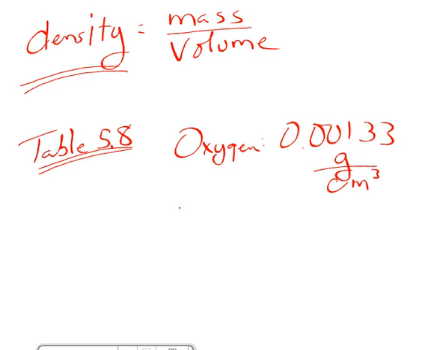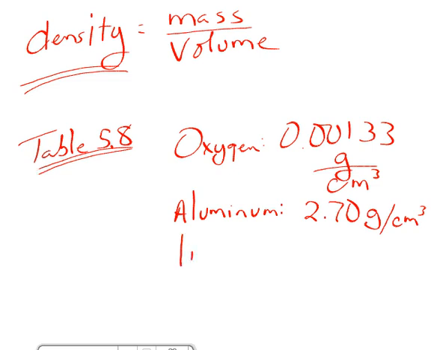Here's a solid, aluminum, and we're used to seeing something like 2.70 grams per centimeter cubed. Every centimeter cubed of aluminum has a mass of 2.7 grams.